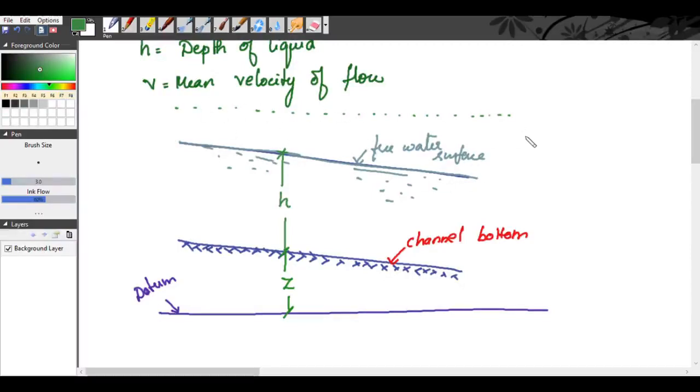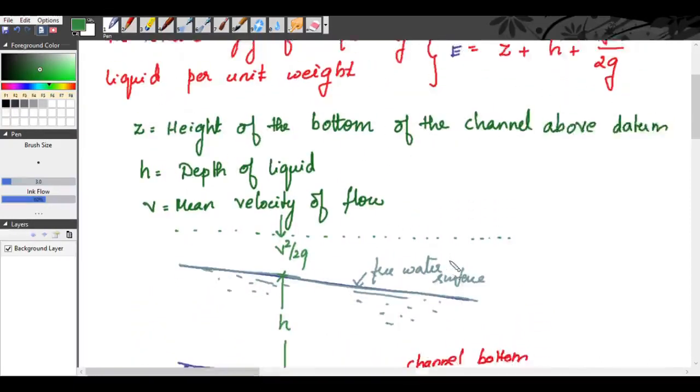This distance is V square by 2G. So total energy is equal to Z plus H plus V square by 2G: datum head plus potential energy head plus kinetic energy head. This is the diagram for specific energy, or total energy per unit weight.